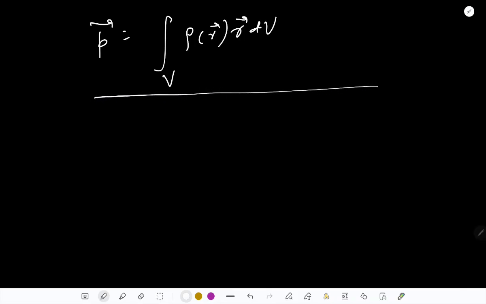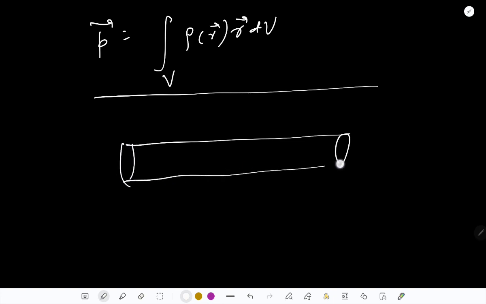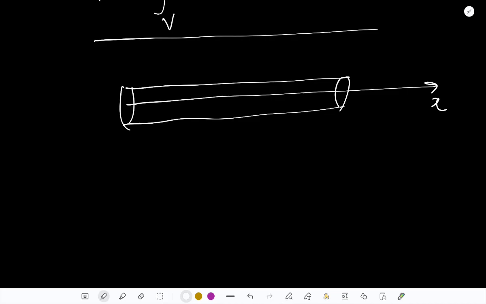Suppose this is the rod, and I have set up an x-axis along the rod, simply like this. Let us first check whether the system is electrically neutral or not. To do this, we are going to find the integration that simply gives the total charge on the rod.